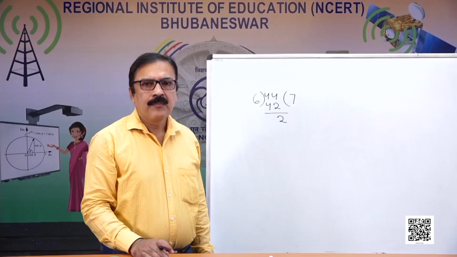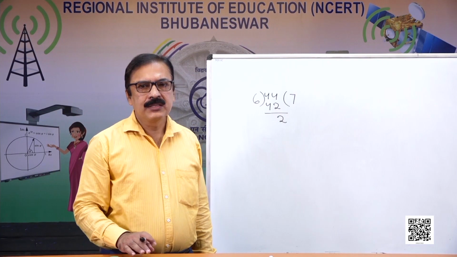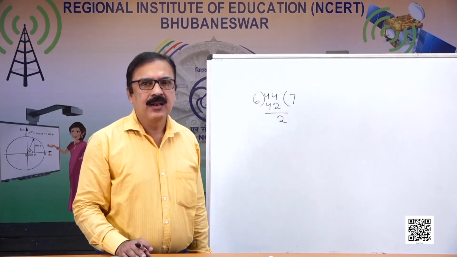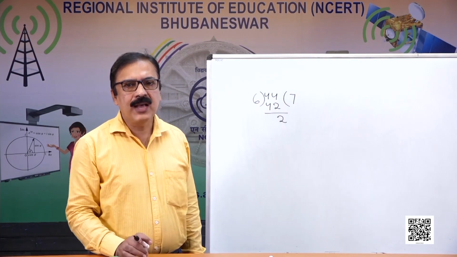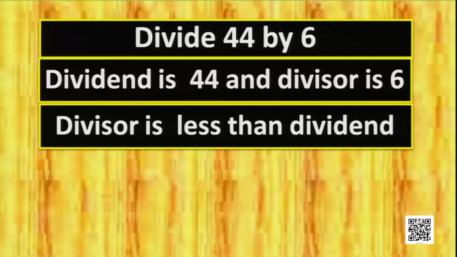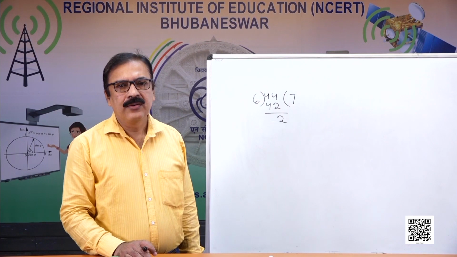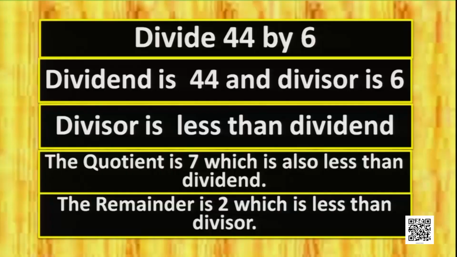Clearly 44 is more than 6 or 6 is less than 44. So divisor is less than the dividend. In this case, the quotient is 7. 7 is again less than the dividend. Now the remainder is 2, which is less than divisor.